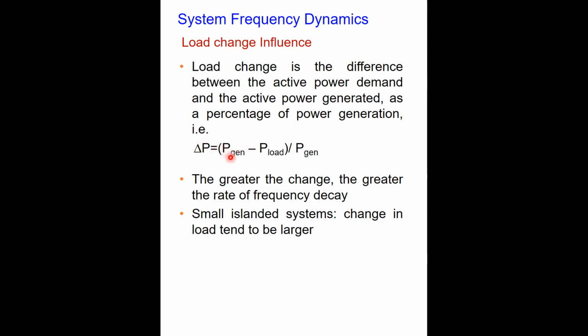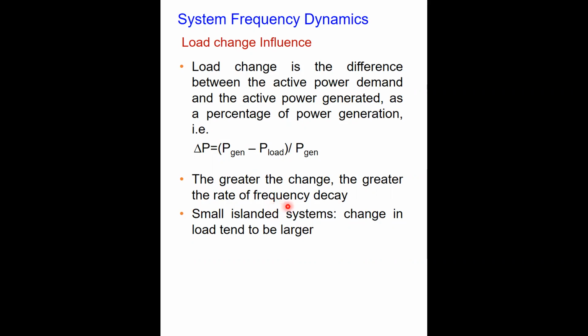This is the output power from the generator. This could be the change in the load, as a percentage of power generation. So this could be the change in the turbine power or the generator power to be achieved here. The larger the change you have here, the more will be the decay of frequency.